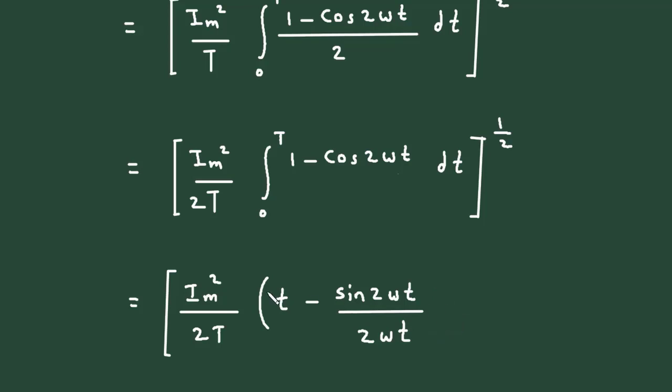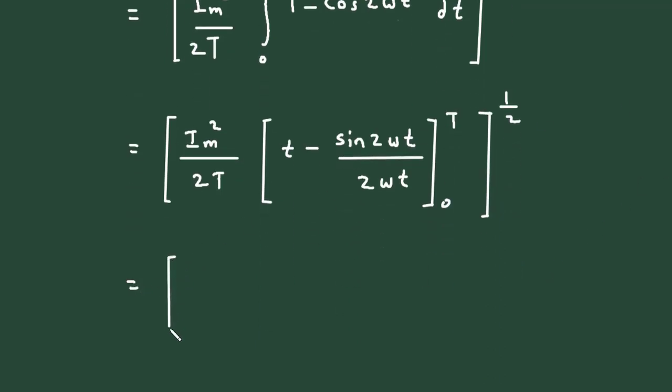and its limit will be from 0 to T. Now we will take the square bracket again, and its limit will be from 0 to T, and whole power will be 1 by 2.